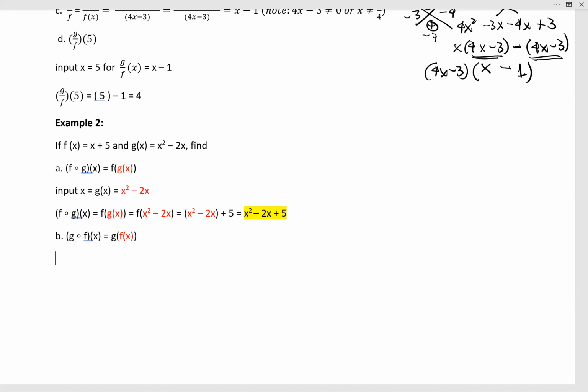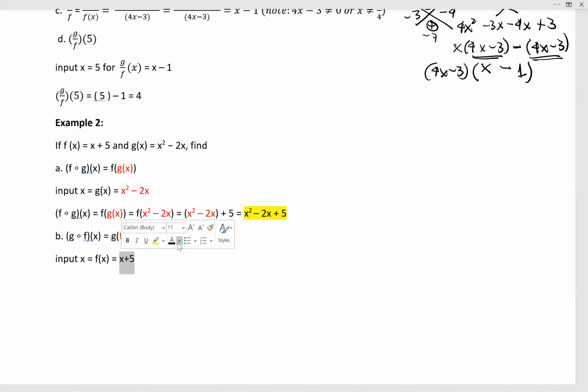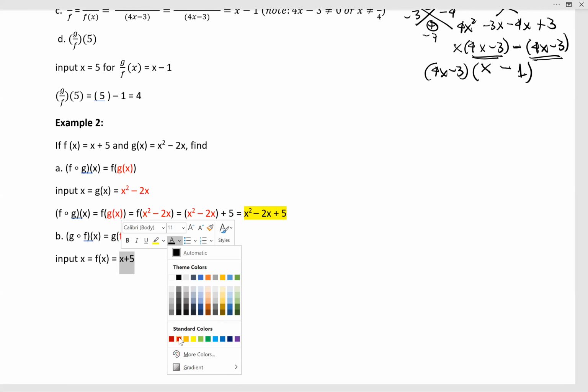So input is equal to f of x, which is x plus 5. This is the input that we are trying to use right now.